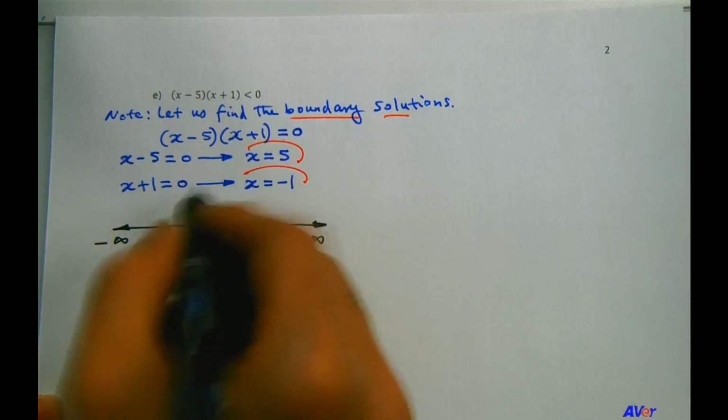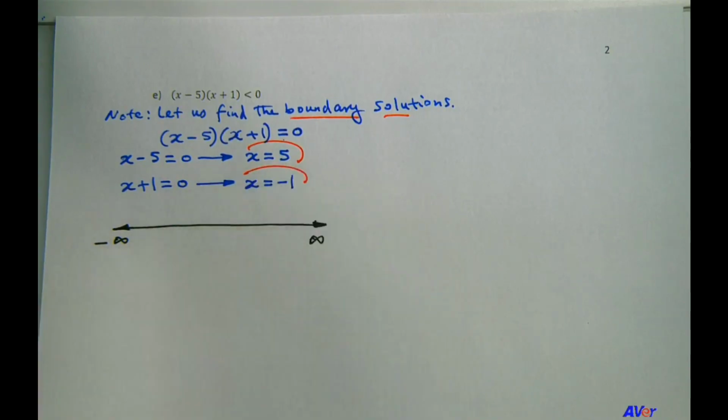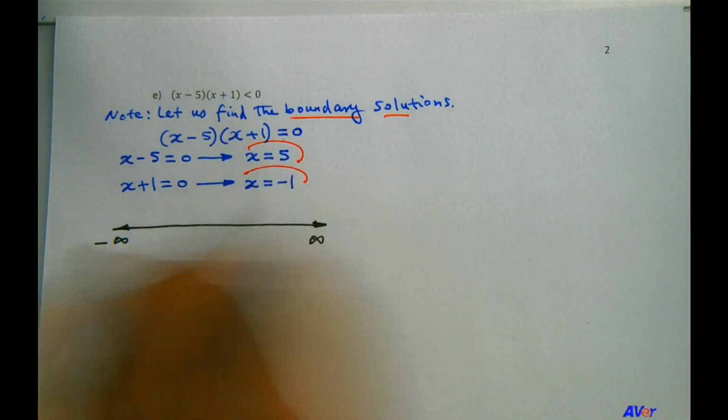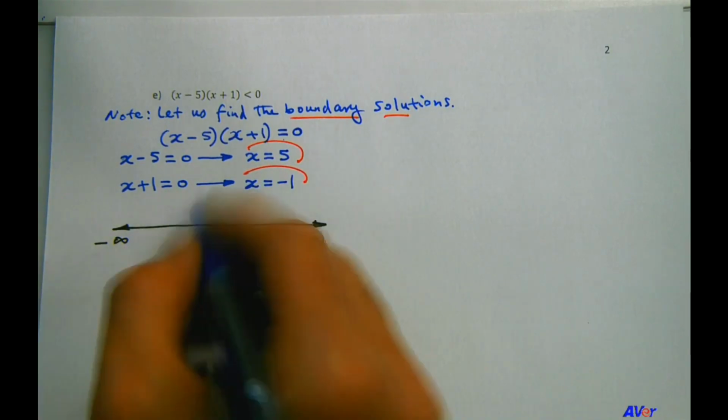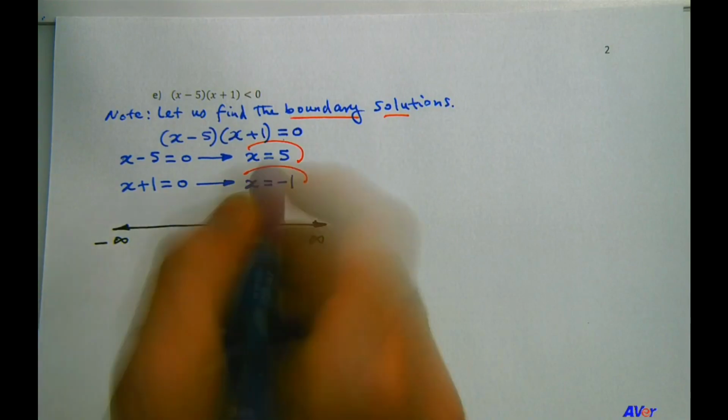Then that boundary solution will divide the real number line into regions. This middle is 0, and then we have -1.